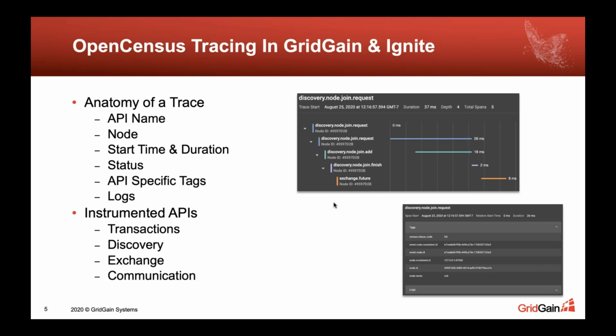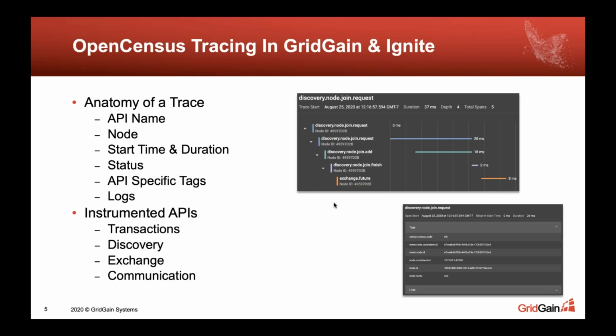So there's really two main pieces when we're thinking about traces. The trace, which is the full execution of some sort of API call that we're interested in, and then its individual components, which we call spans. A span is a unit of work.